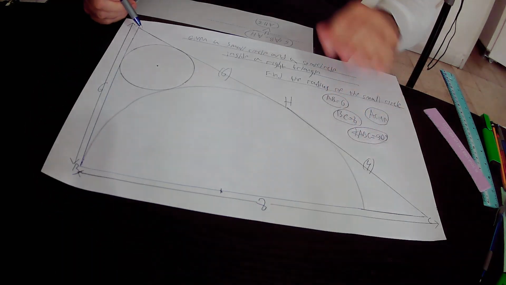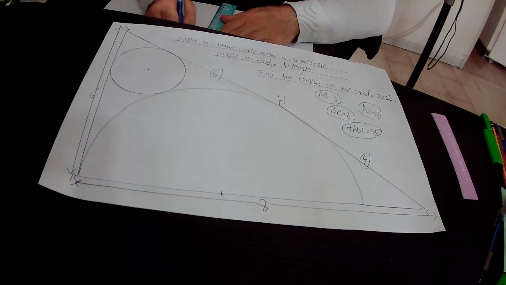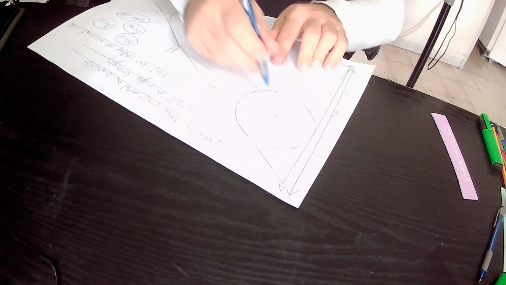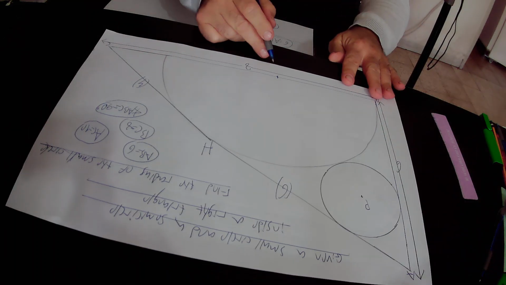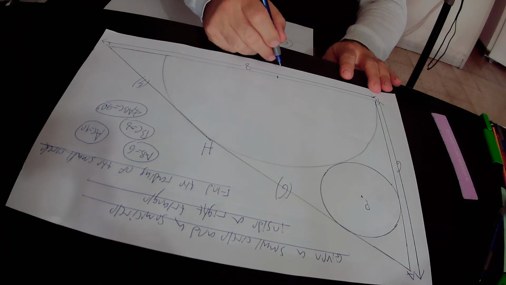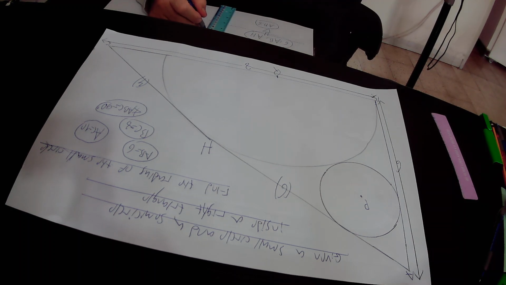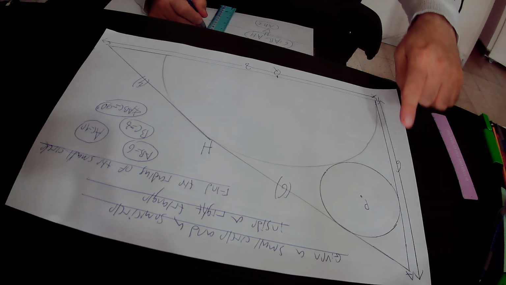In the next step, we define the center of this small circle. This point is point P. We define the center of this big semicircle. This point is point Q. We define the point of tangency of tangent AB with this small circle.